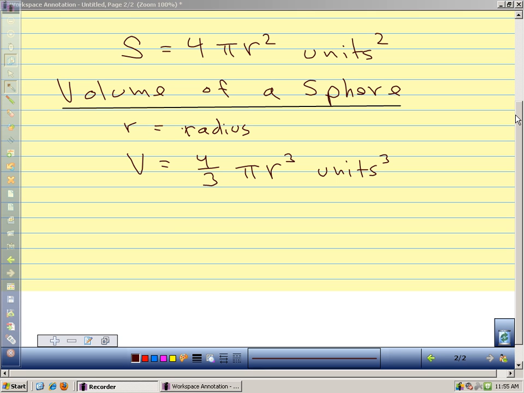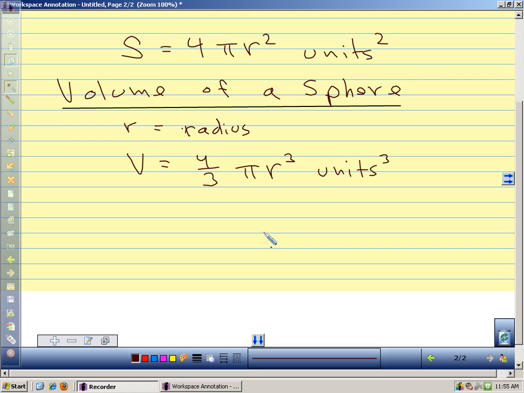That's our formula. 4/3 pi r cubed. Now, when we're calculating with this fraction, you can do it a couple of ways. You can multiply pi times the radius cubed, multiply that whole thing by 4, and then divide by 3. That'll give you your answer. Or you can just divide 4 by 3 in your calculator, turn that into a decimal, and multiply that decimal times pi r cubed. So either way works.